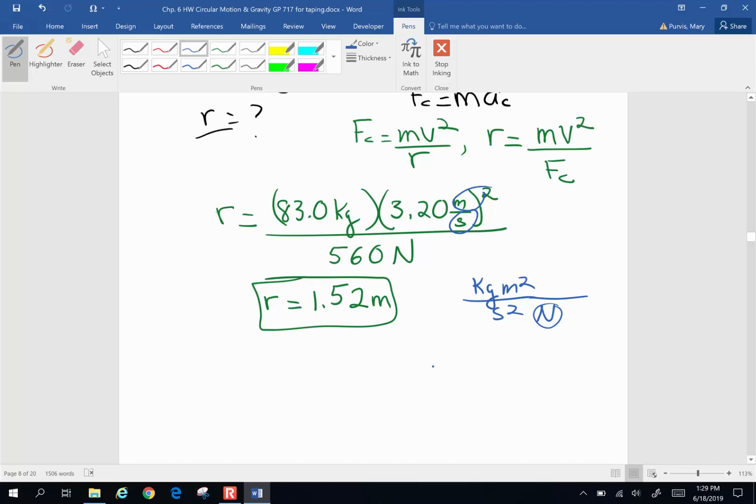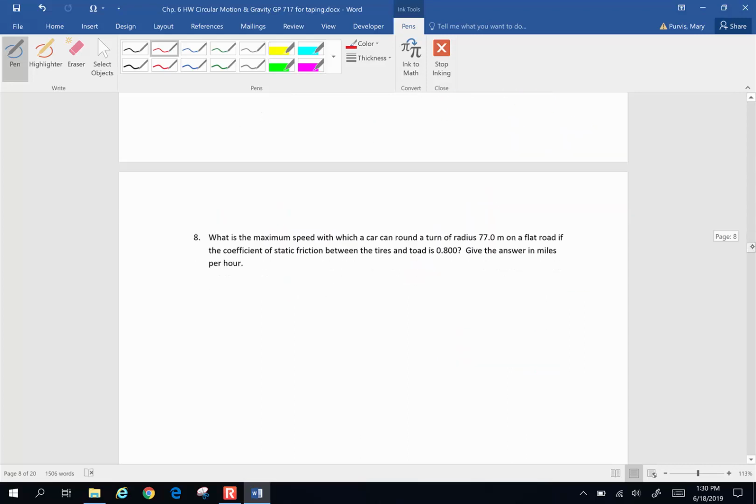So I've got a kilogram meter squared per second squared divided by a newton, which is a kilogram meter per second squared. Let's see what happens. Kilograms cancel, seconds squared cancel, and one meter cancels one of those. We do end up with meters. The units work out, and life is good. Let's go on and do another problem.